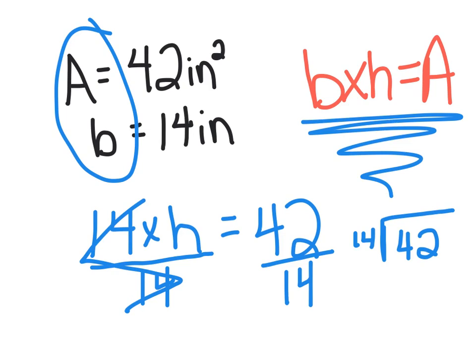Well, how many times can 14 go into 42? Yeah, you might have to multiply it out to the side. That's okay. Go ahead. Well, it's more than 1, I'll tell you that, because 14 times 1 is 14.